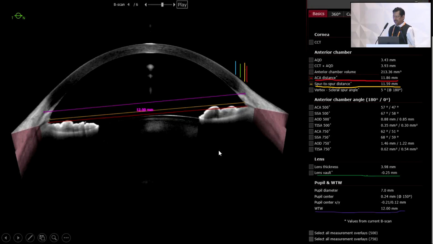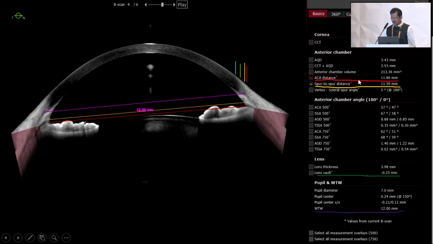Now the AIOS-OCT automatically takes the spur and the angle-to-angle calculations on its own. So spur is in yellow, and this is 11.59, more or less the same as the white to white. White to white is often just 0.1 millimeter more than the spur to spur.